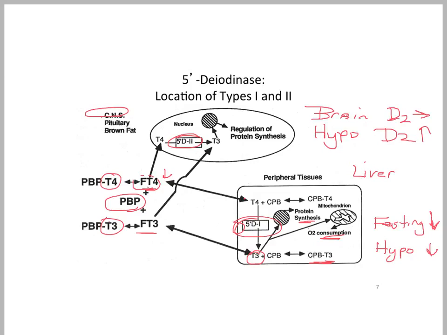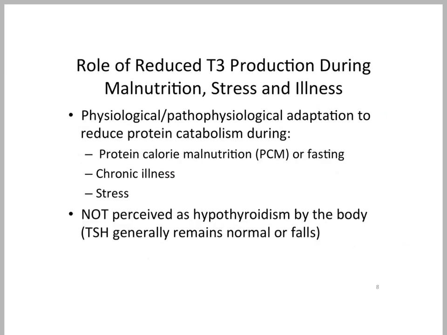So you can see that these two different types of tissues with two different types of deiodinases have two different responses in these changes of metabolic state or nutritional state. So to summarize some of these changes, basically anything associated with what we call protein-calorie malnutrition will lead to reduced T3 production, particularly in the liver.